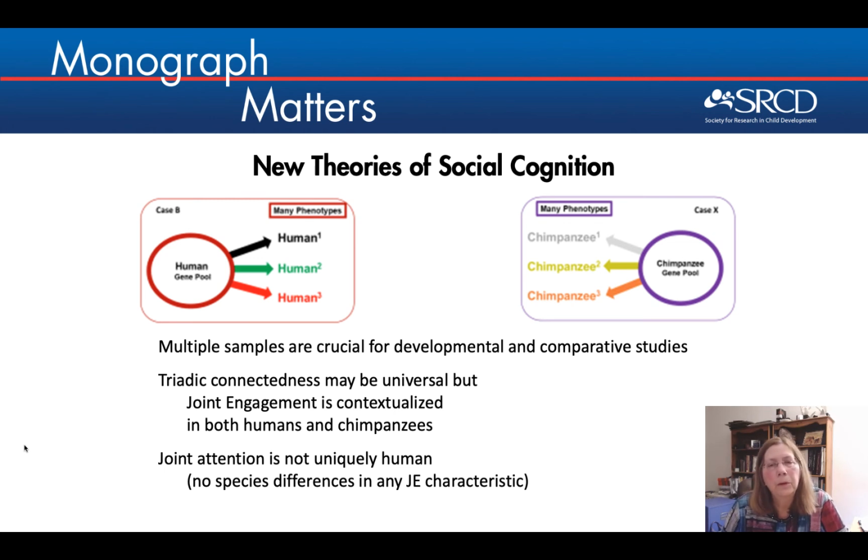We propose that this core ability of triadic connectedness was shared by the common ancestors. Infants of both species share flexibility in their responsiveness to the demands of particular socio-ecological settings, showing contextualization of behavioral phenotypes. Joint attention is not uniquely human.